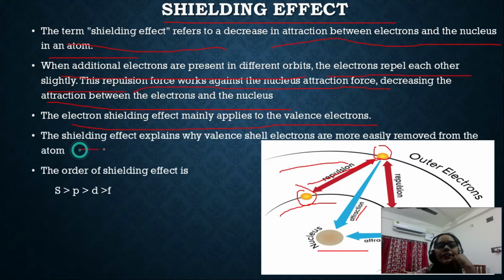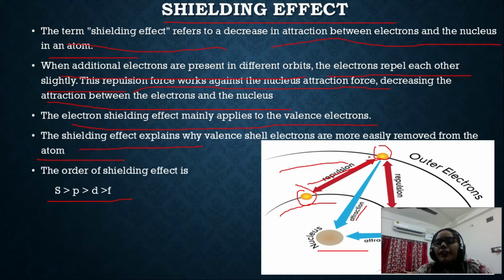The shielding effect explains why valence electrons are more easily removed from the atom, and the order of the shielding effect is s orbital greater than p orbital greater than d orbital greater than f orbital electrons. Now, what is shielding effect? Look, this is our nucleus. Around the nucleus we have the electrons revolving, right?